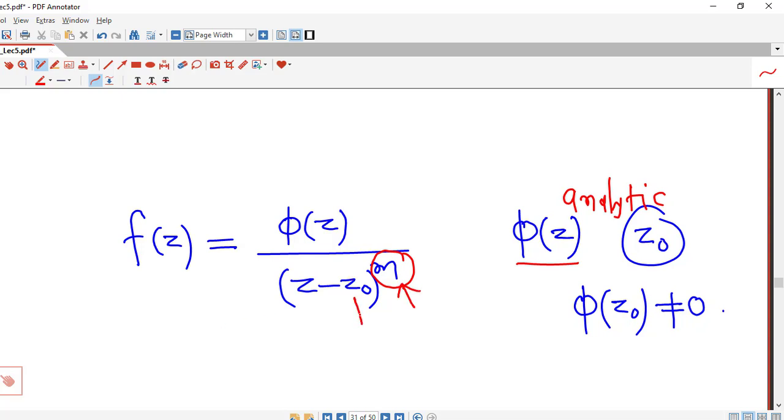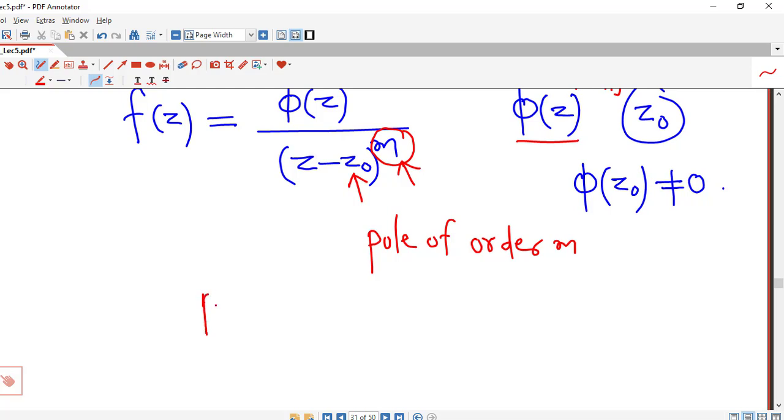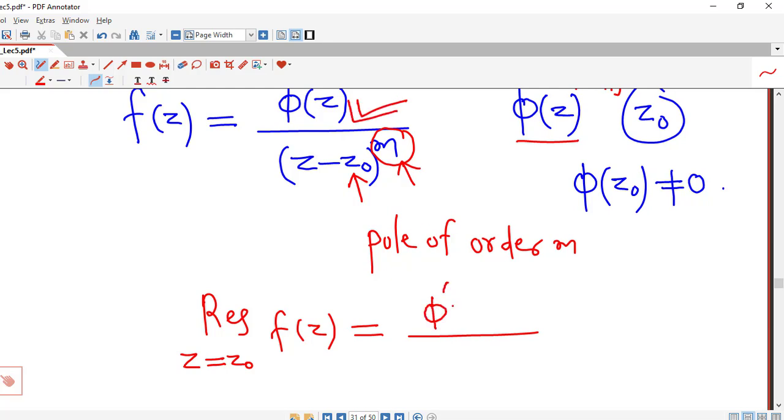If f of z can be written in this way, phi of z over z minus z0 raised to m, where phi of z is analytic at z0 and phi of z0 is non-zero, then this power is order of pole. So this z0 is a pole of order m, or f of z has a pole of order m at z0, and if f of z has a pole of order m at z0, then residue of f of z at z0 is given by this m minus 1th derivative of this function phi at point z0 divided by m minus 1 factorial.